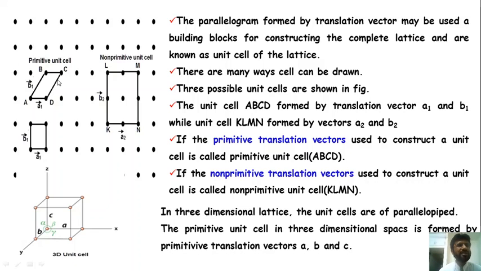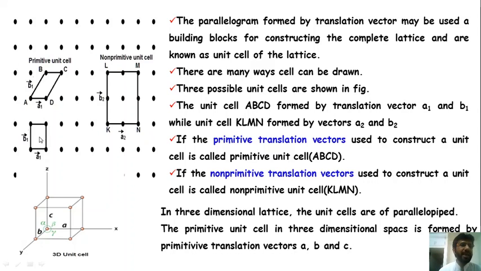All these lattice points are at the corners. So you can say the unit cell ABCD is formed by these translation vectors. Such fundamental translation vectors are the primitive fundamental translation vectors, and the primitive translation vectors used to construct the unit cell give the primitive unit cell.